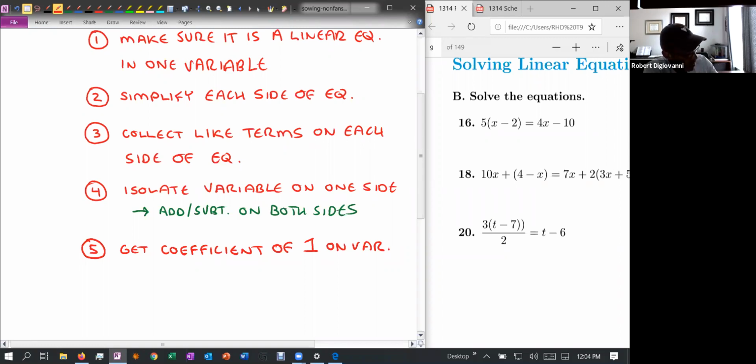And to do this step, we are either going to multiply or divide on both sides. So if you're one of those people who like steps, there they are. Those are the steps to solve a linear equation in one variable.